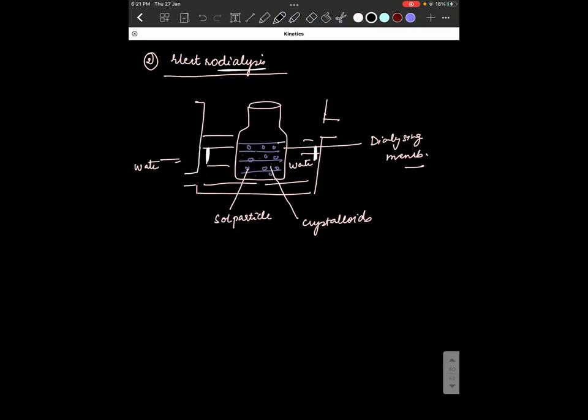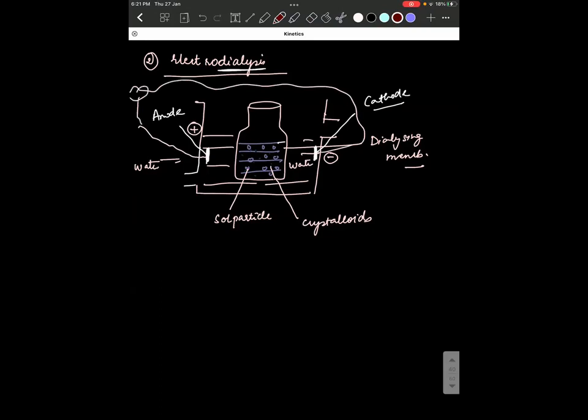So here we are having the anode. This is anode and this is cathode. What will be the charge on cathode? This will be negatively charged and this anode will be positively charged. Now this anode and cathode, externally they are connected to an electric source, maybe a battery.